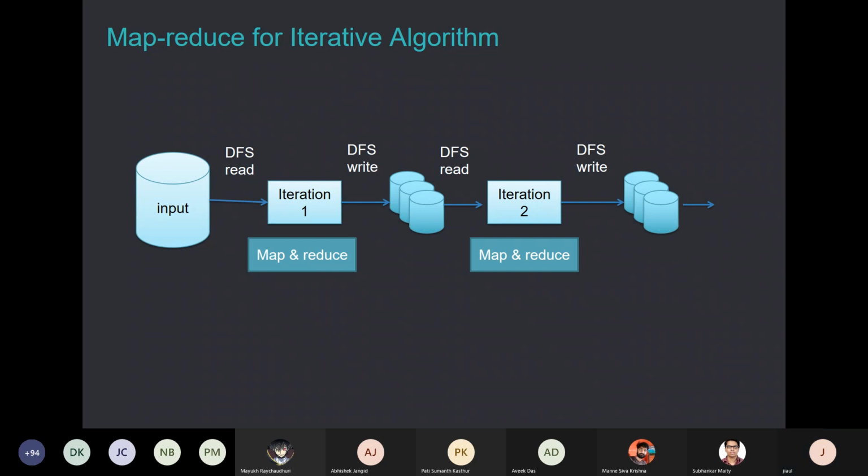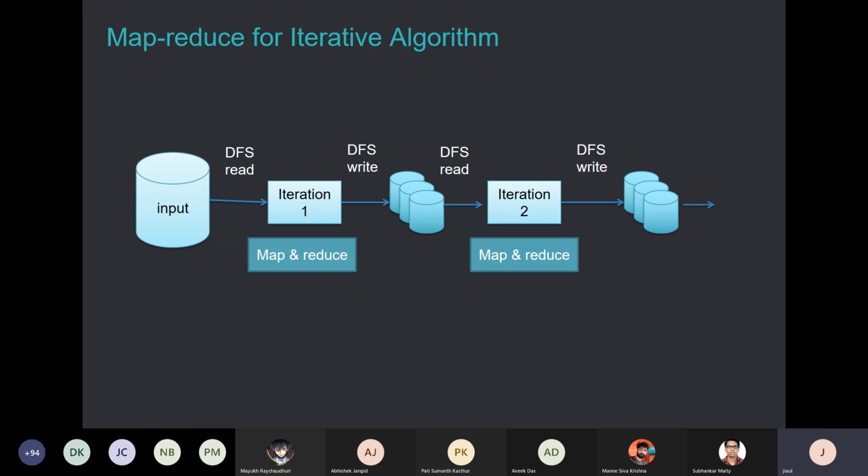When you apply the map operation, you have to read data from the distributed file system. Then you reduce these things, and once the reduce is done, you write out the output of the reduce operation again to DFS. So DFS read coming into map, then after reduce, you write that out again into DFS. So iteration 1 is done.